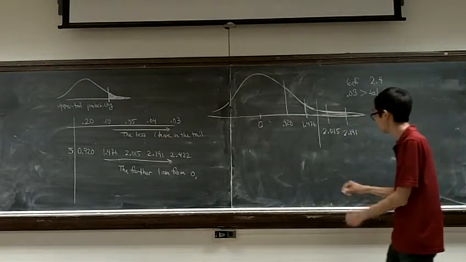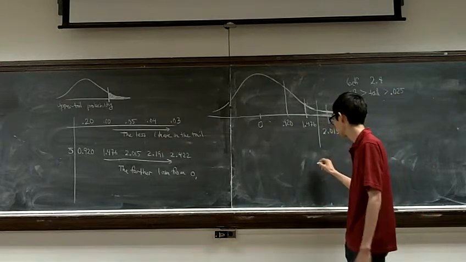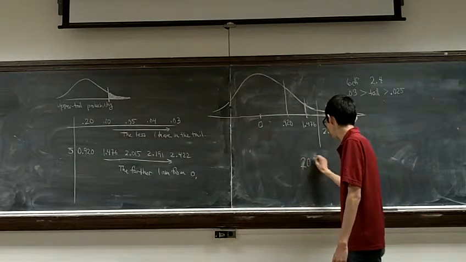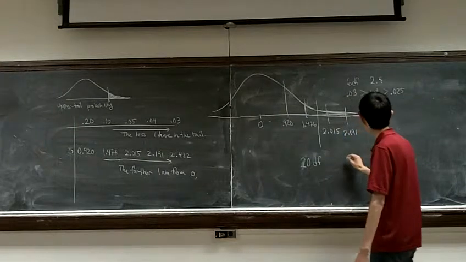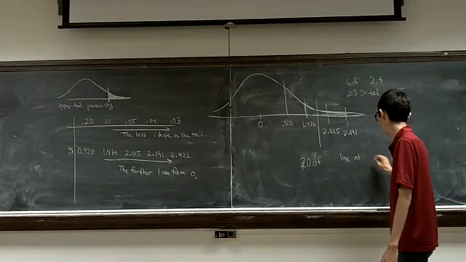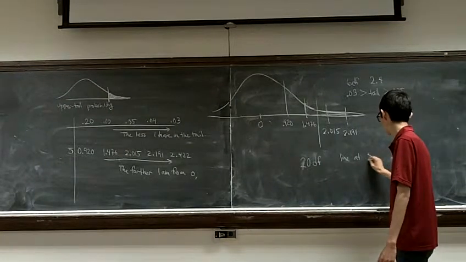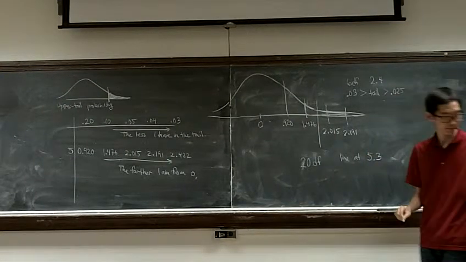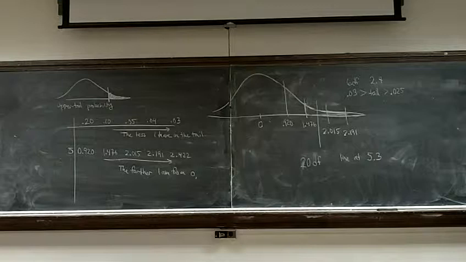Okay. What about 20 degrees of freedom, and I'm drawing a line at 5.3. .0005.